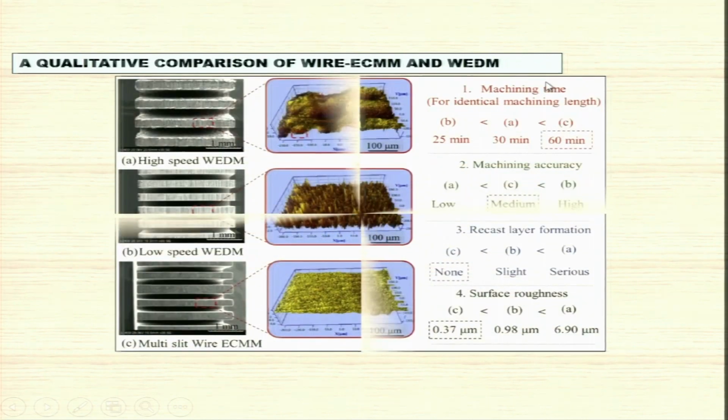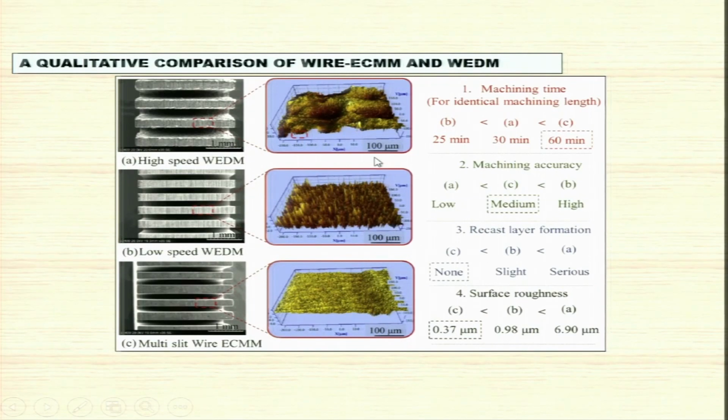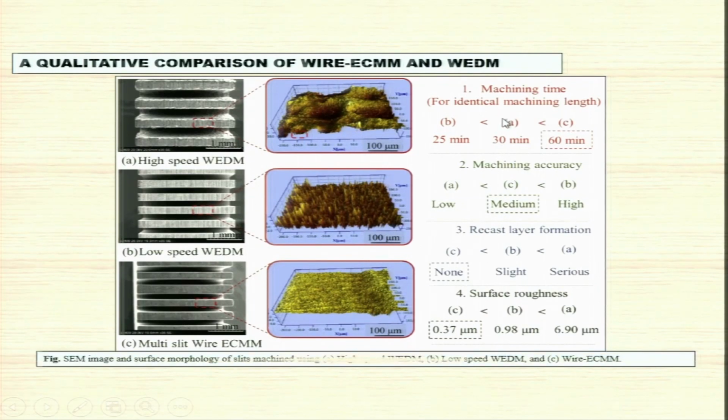A qualitative comparison of wire ECMM and wire electric discharge micromachining and electric discharge machining I have discussed in other lectures about the wire EDM process. Please see it carefully, very interesting one. You can see here machining time for identical machining length. You can see here these are the three.